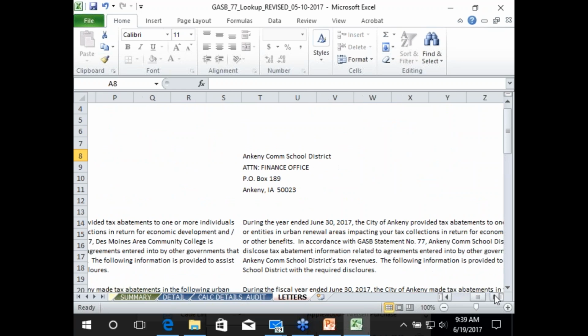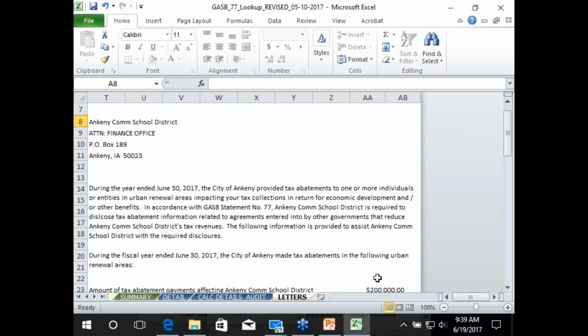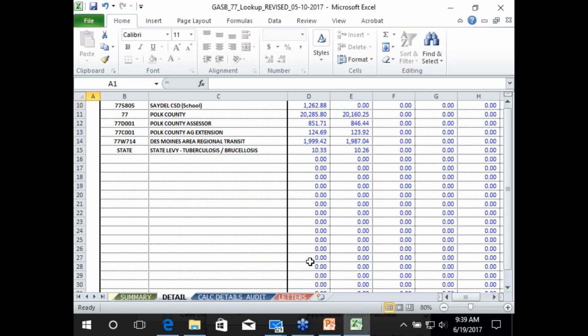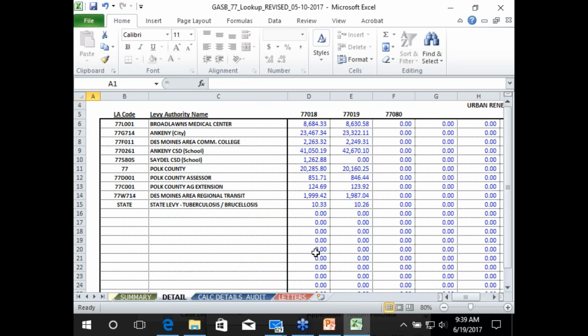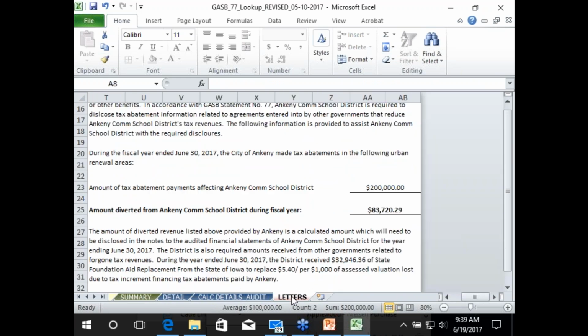Oh, here we go. I wanted to find the Ankeny School District for you. Here's the letter for Ankeny School District. And the same thing in this particular case, as we see from the detail, Ankeny School District was included in both of the TIF districts here. You see dollars that were diverted in these two areas. So it adds both of these two numbers together, which is $200,000.